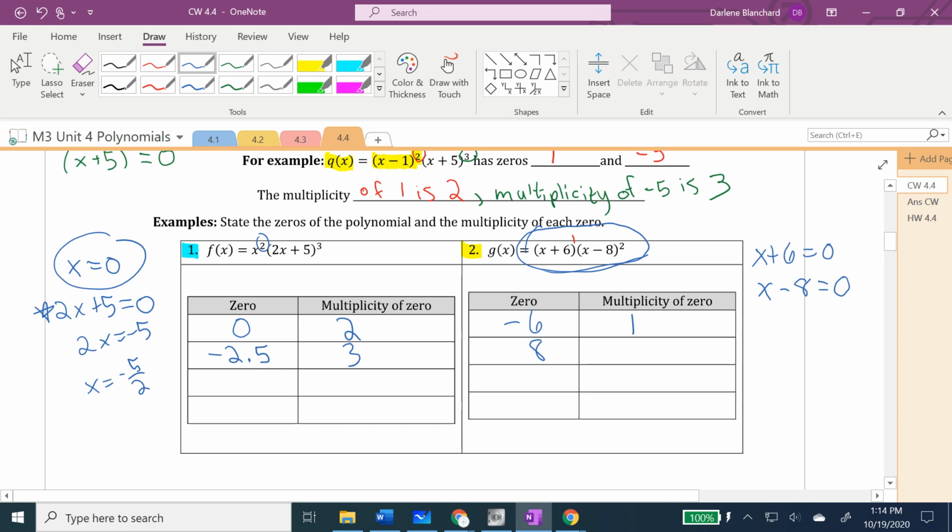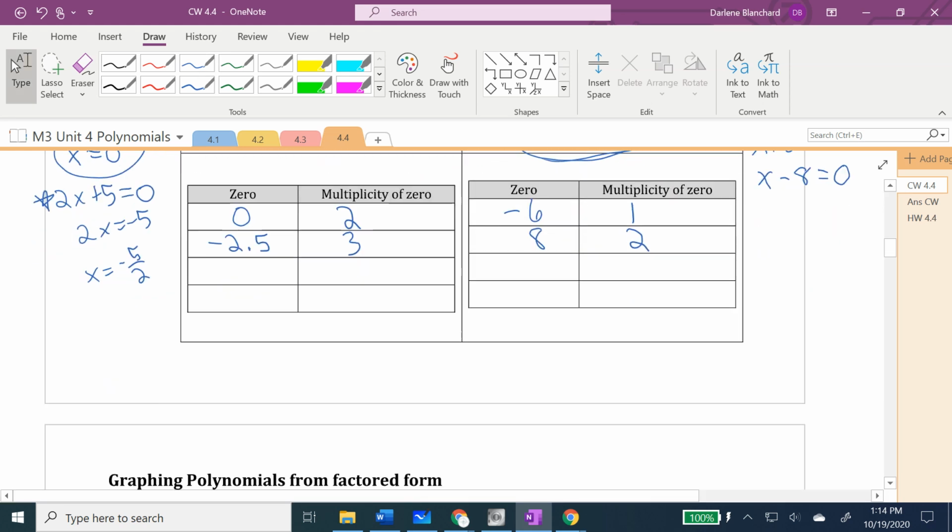And then what is the exponent on the x minus 8 factor? There we go. Thank you. And that means that 8 has a multiplicity of 2.